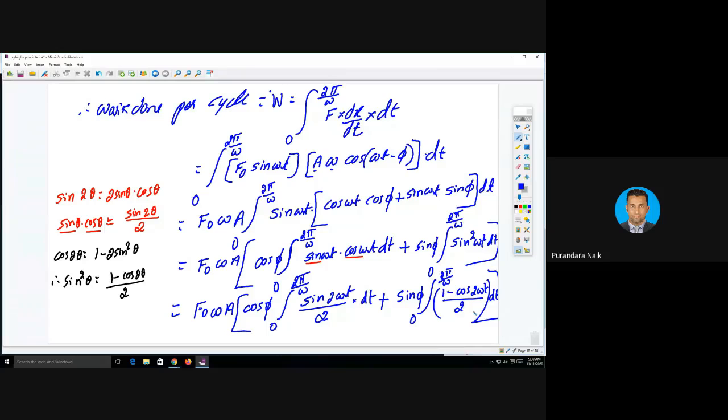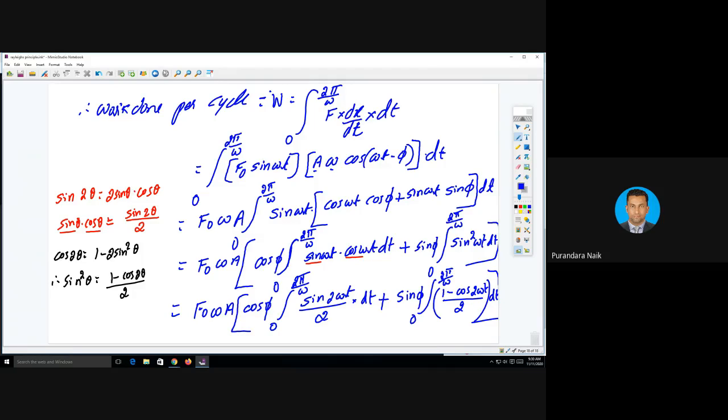So cos 0 is 1, 1 minus cos 2 omega into 2 pi by omega, the 2 will get cancelled. The second term, we have two terms, one is half, another one is cos 2 omega t by 2.